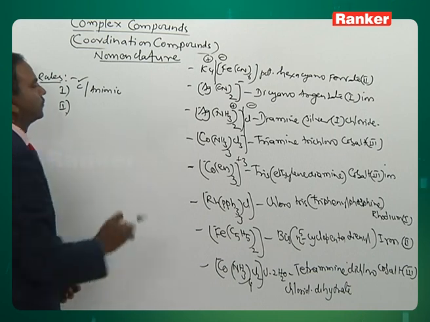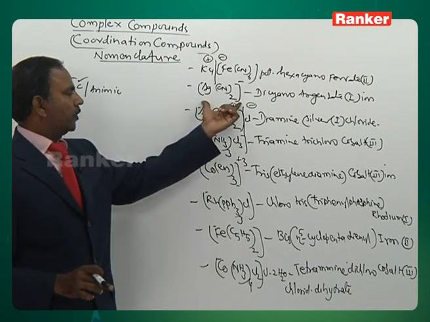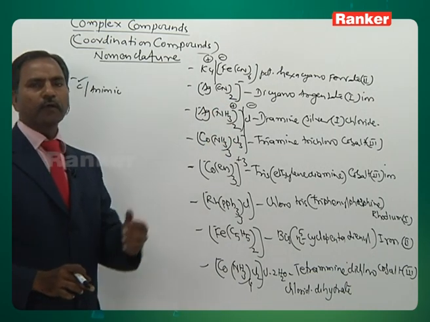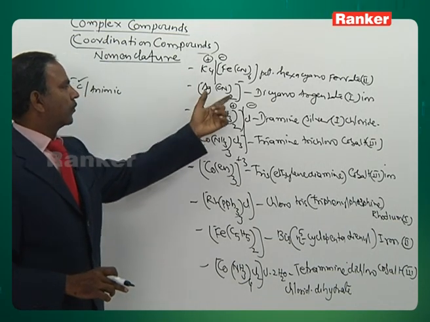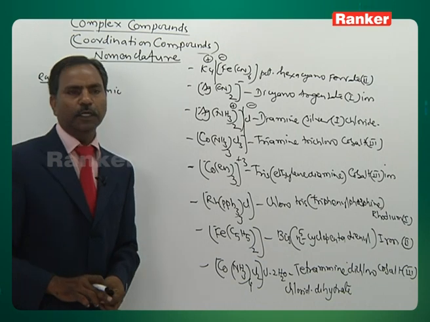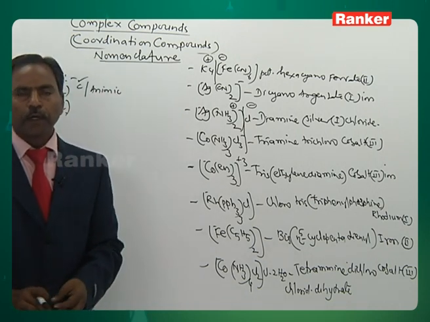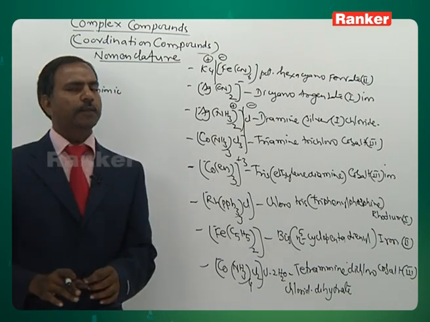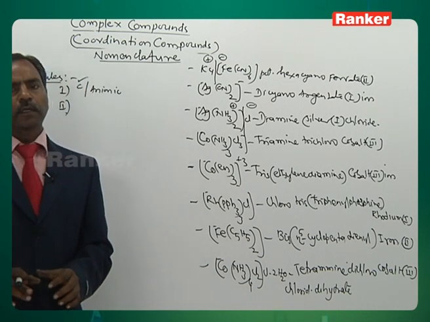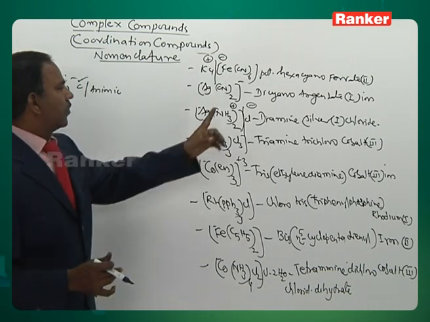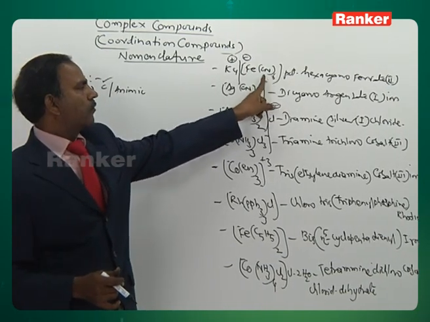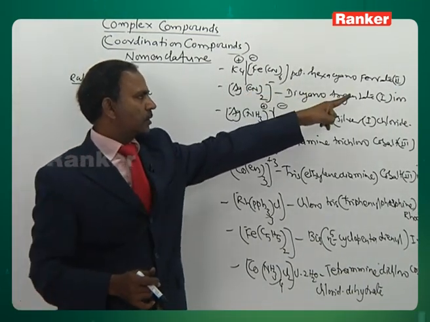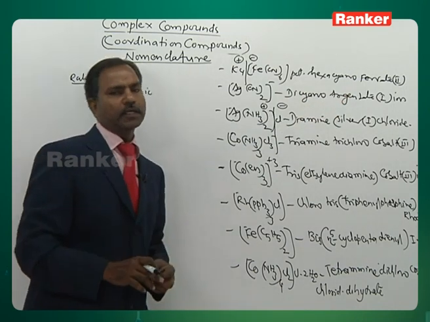Coming to the second rule: whatever is in the bracket, the parts of a complex already given, this bracket part is the coordination sphere. While naming this coordination sphere, first name the ligands, followed by the metal ion with its oxidation number kept in the bracket.